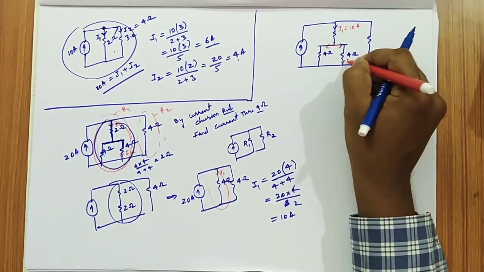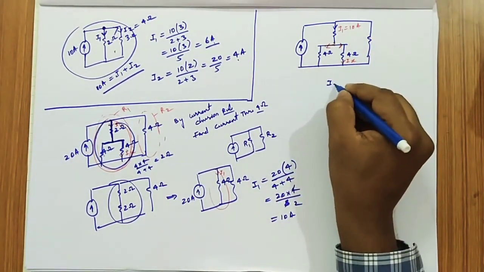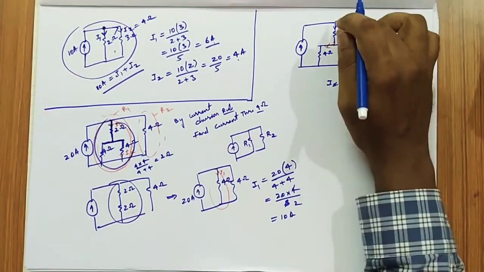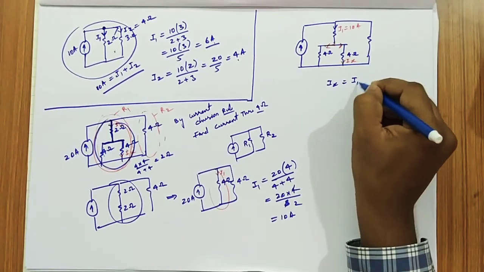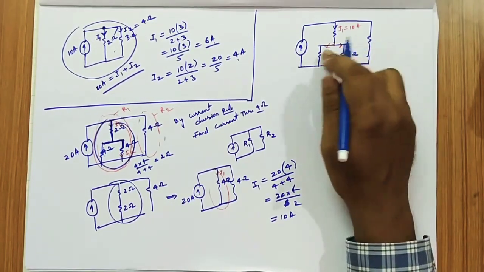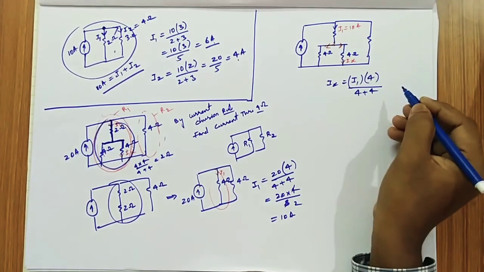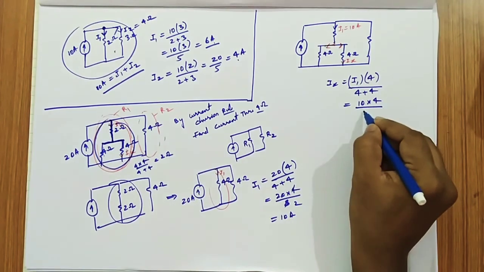I need Ix. So Ix, similarly by the current division rule, equals what? The supply current to this branch is I1. So I1 into the other resistance, which is 4 ohms by 4 plus 4. So finally you will get 10 into 4 by 8.